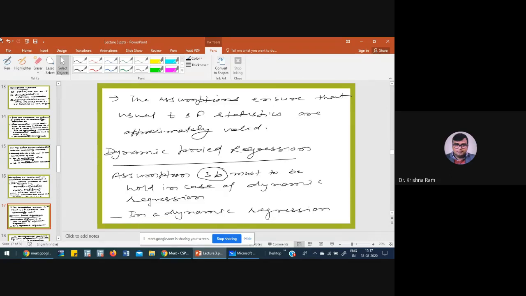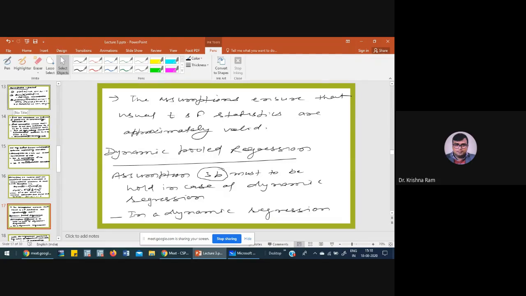And that's why in a pooled case we are required to assume, or test, all the cross-sectional regression model assumptions, all the assumptions that you have studied in the case of OLS. In a pooled case we are using OLS, so we need to ensure that our regression model satisfies all those assumptions.